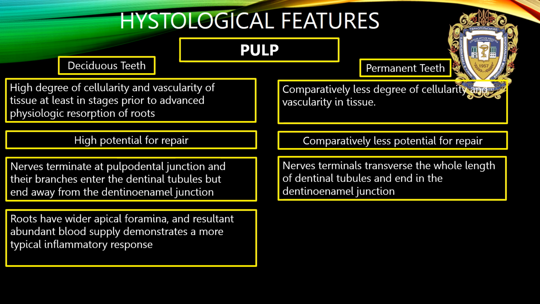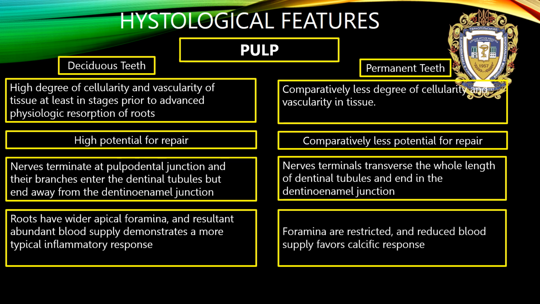Roots have wider apical foramina and a resultant abundant blood supply demonstrates a more typical inflammatory response. Instead, in permanent teeth, foramina are restricted and reduced blood supply favors calcific response. I told you about it earlier.